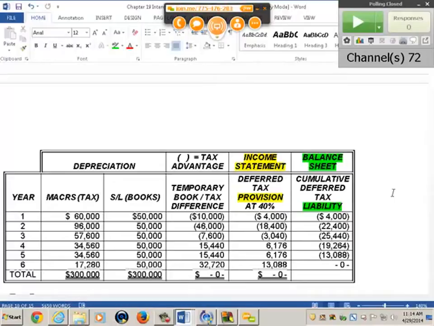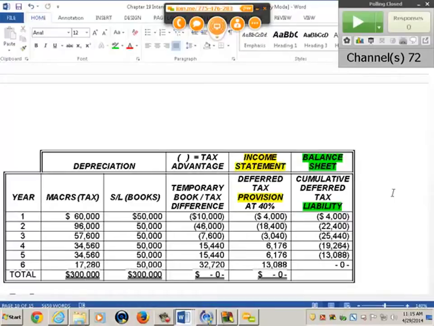So in the first year, I have a tax advantage equal to $10,000. At a 40% tax rate, it saves me $4,000, but it becomes taxable when reversal takes place, and I've got to pay back the $4,000.